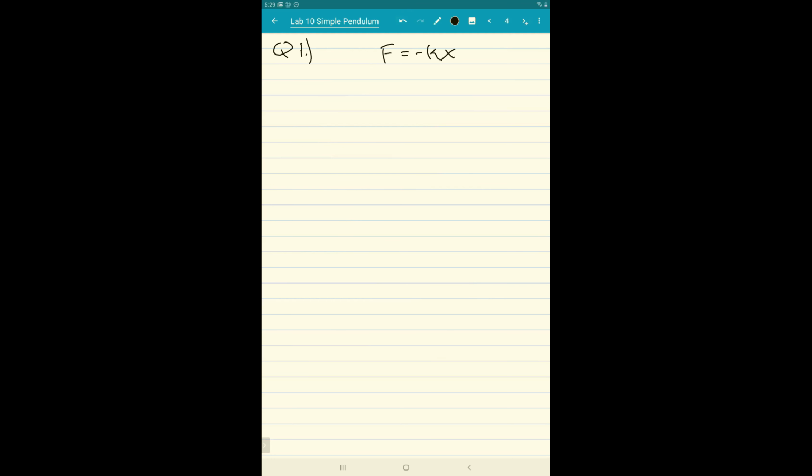That's for a spring. Now, this causes oscillatory motion because if I draw out this mass, let's make this x equals 0 right here, and let's make my mass over here. If that's x equals 0, this is the positive x region and this is the negative x region. If I plug a positive x into that equation, I'll get a negative force, which means it's going to point to the left.